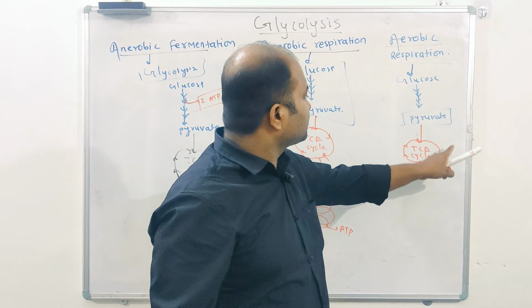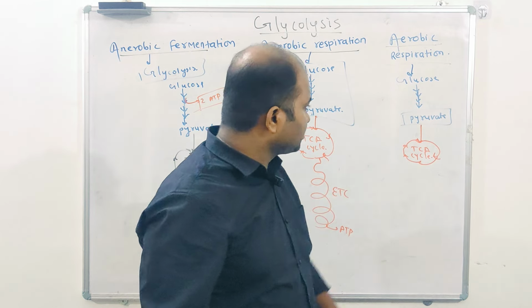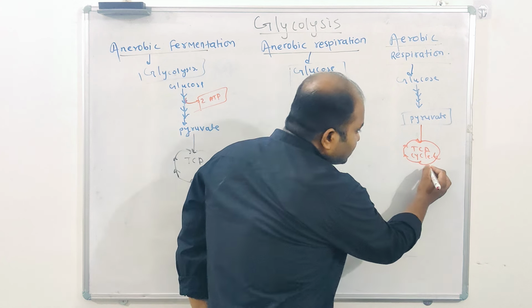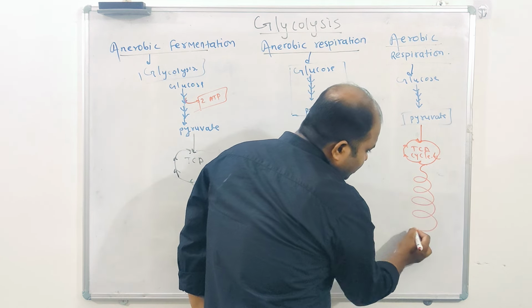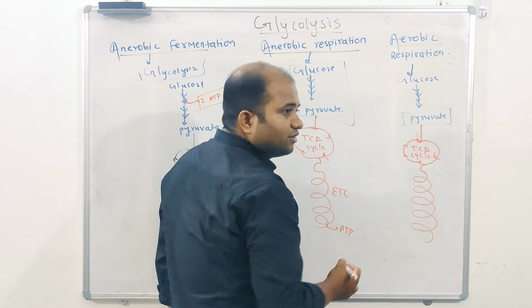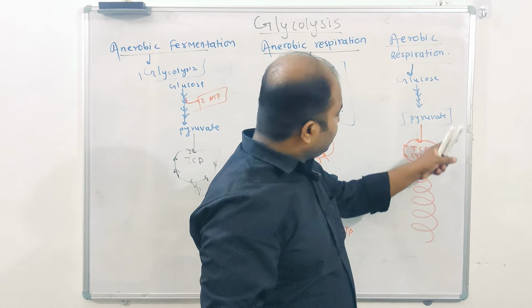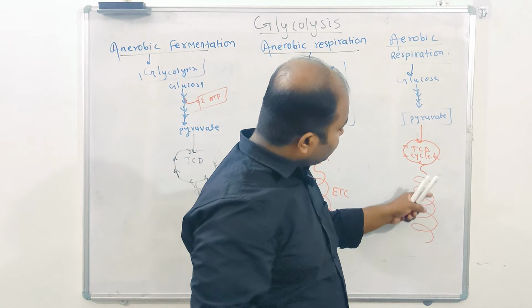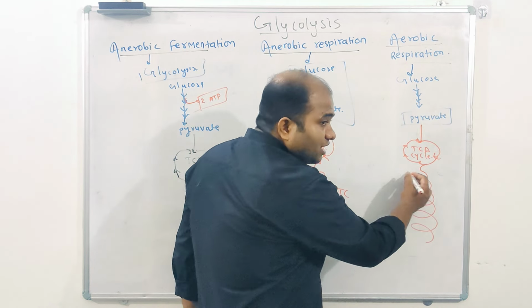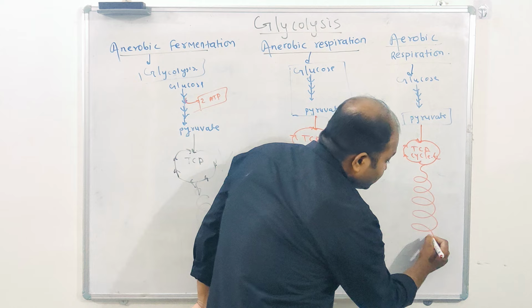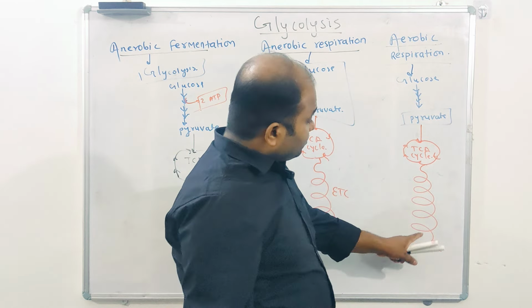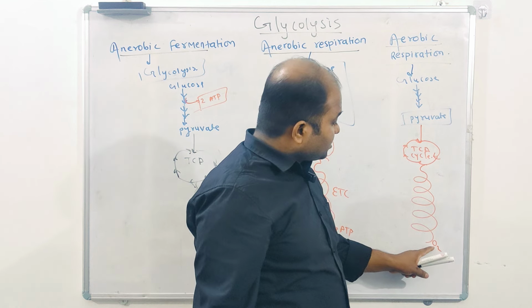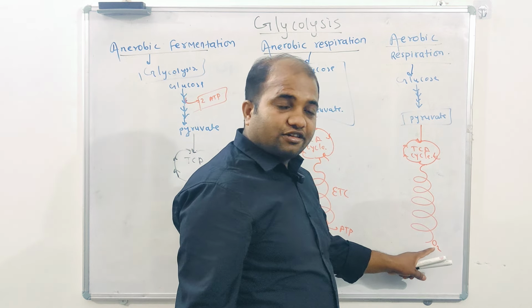So the electrons released from glycolysis and the TCA cycle will pass through the electron transport chain, that is a chain of electron carriers. When the electron is passed through this chain, the last receiver of this electron will be oxygen, right? O2, oxygen.